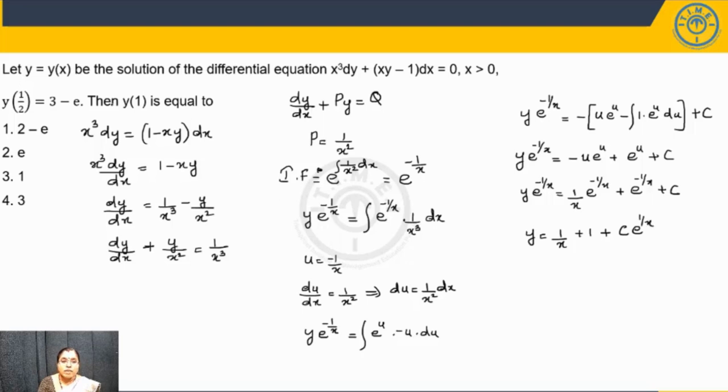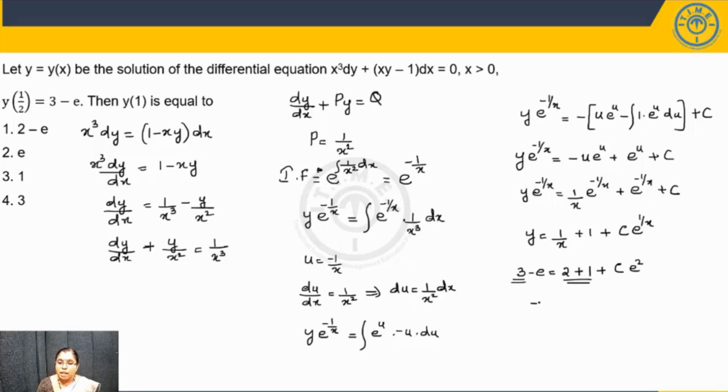Now we are given that y of half is 3 minus e. So instead of x, if we put half, we'll get 3 minus e. So let's write 3 minus e equal to 1 by 1/2, which is 2, plus 1 plus c e square, because 1 by 1/2 is 2. So now what happens? This 3 and 2 plus 1, 3 cancels.